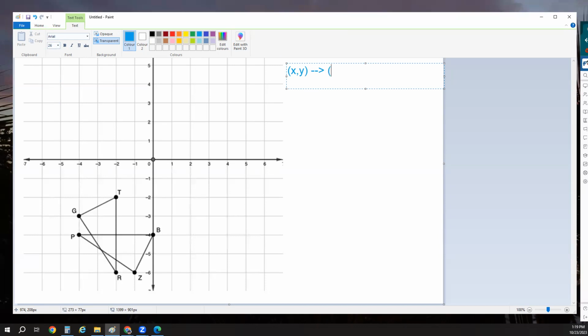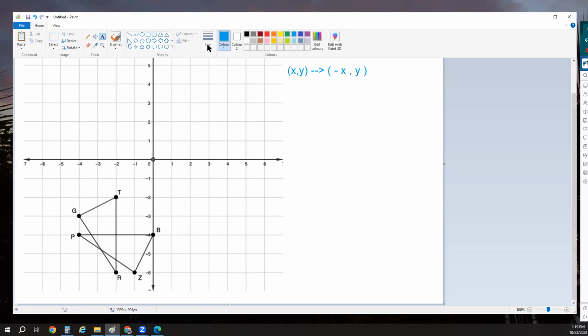Reflections are always the x's and the y's. The x's and the y's stay the same, but one of them changes. In this case, the x changes because we're reflecting across the y-axis, and the y, the distance to the x-axis, remains the same.